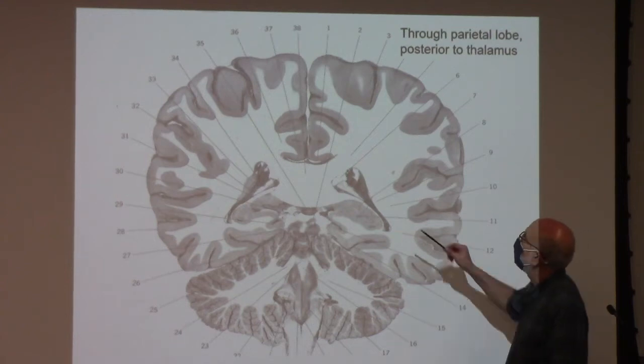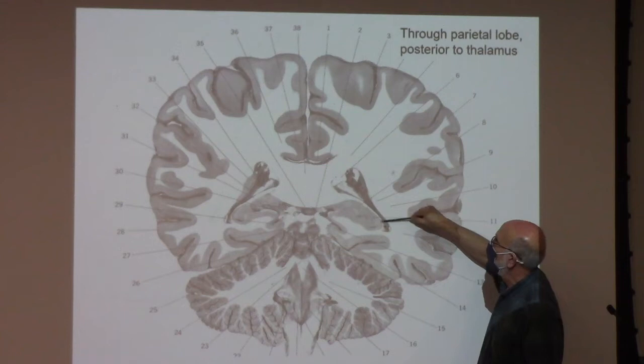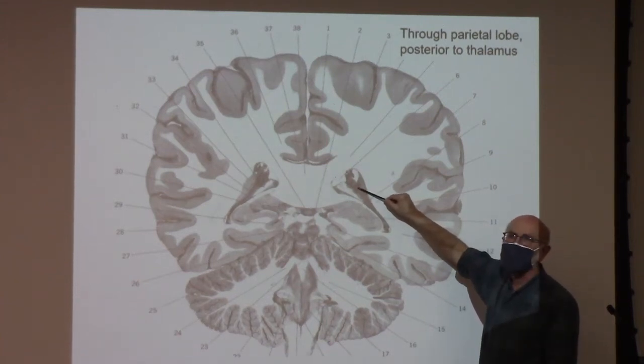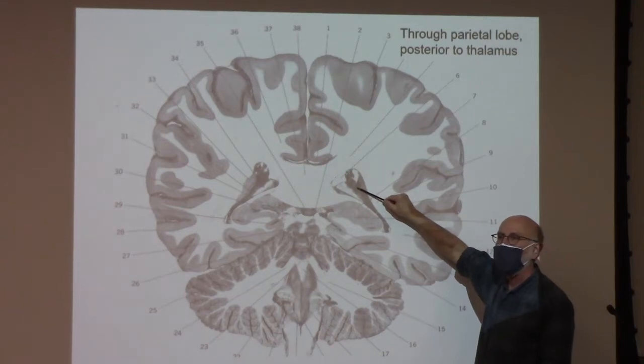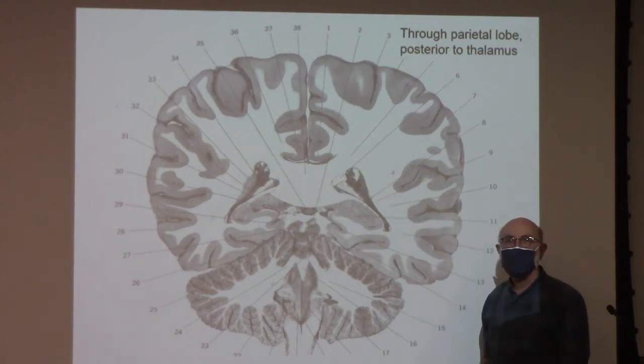I could point out another thing. So this is the lateral ventricle. This dark material has a name. It's called the choroid plexus, C-H-O-R-O-I-D, plexus, P-L-E-X-U-S.